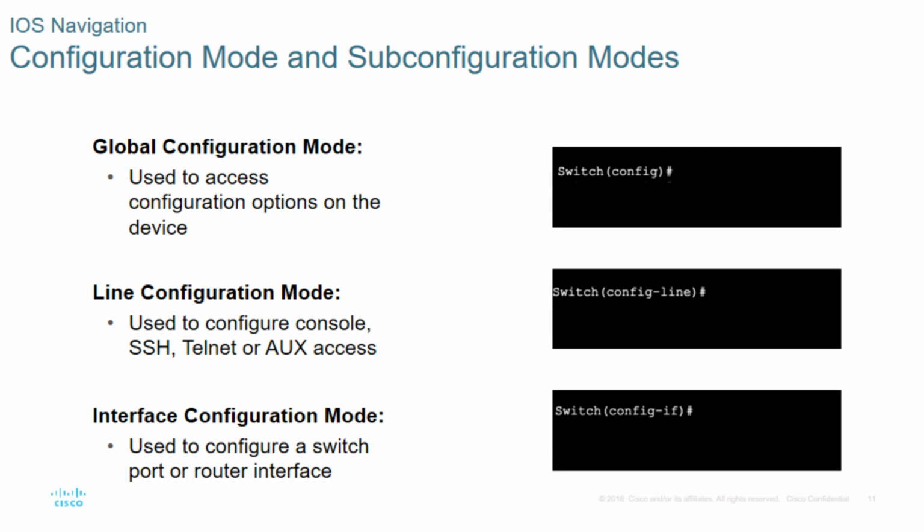So by default, every prompt begins with the device name. The remainder of the prompt indicates the mode. For example, the default prompt of line configuration mode is switch config-line, mentioned in this example, and the default prompt for interface configuration mode is switch config-if. So we will discuss all these modes practically in Packet Tracer in our live sessions.